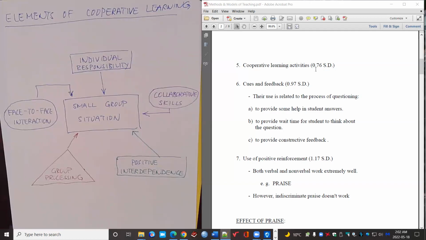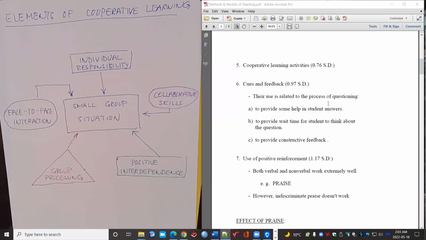All right, so let's take a look at cues and feedback. Wow, 0.97 standard deviation. 0.97 is very large, I can tell you that it is very large. The use of cues and feedback is to some extent related to the process of questioning.